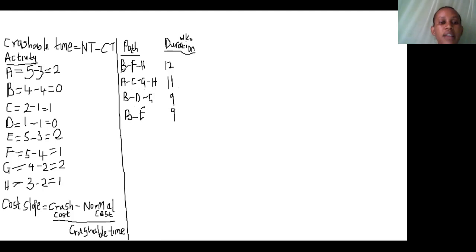Now, among the activities B, F, and also H from the question, which has the lowest incremental cost, or what we call the extra cost per week?